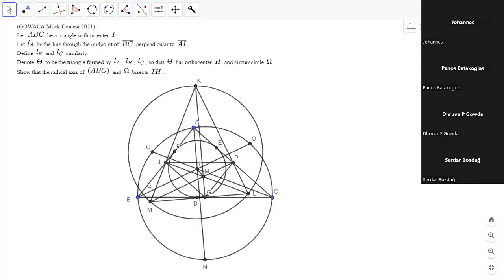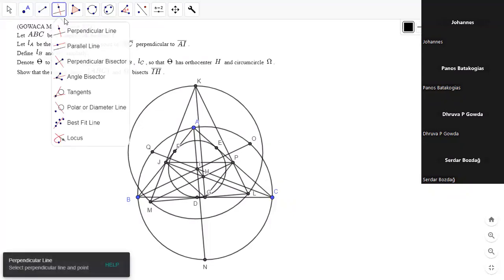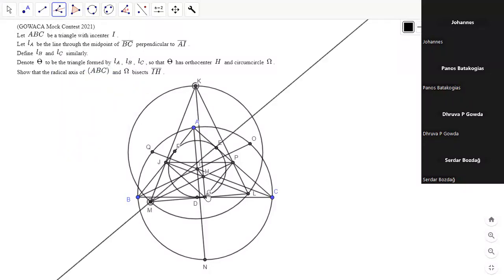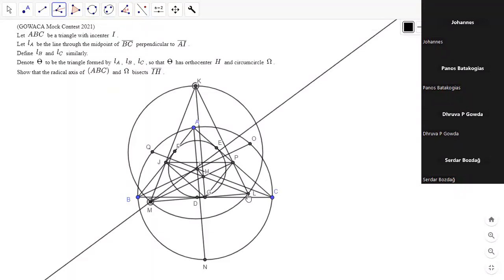So H is the orthocenter of KLM. I wonder if I is the incenter. That would be very interesting. No, that's not true. Maybe we could use Casey's theorem.